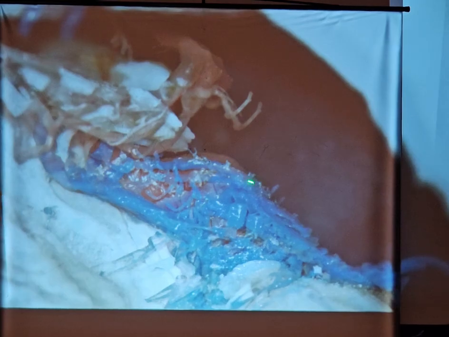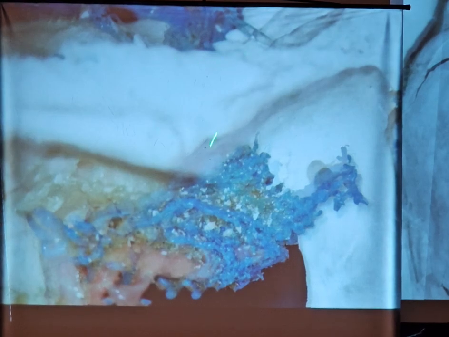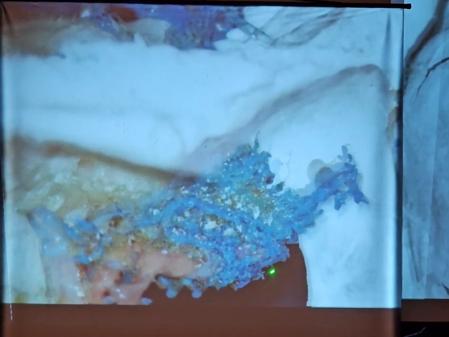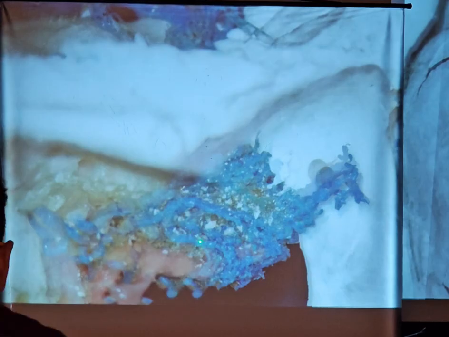But this venous blood can also drain inferiorly using the foramen lacerum and the foramen ovale to reach here the pterygoid venous plexus surrounding here the maxillary artery, and after draining directly in the internal jugular.